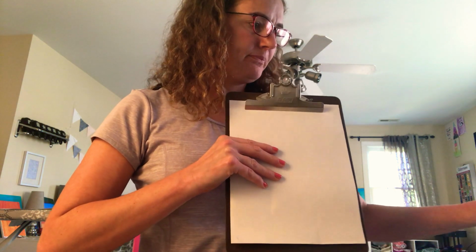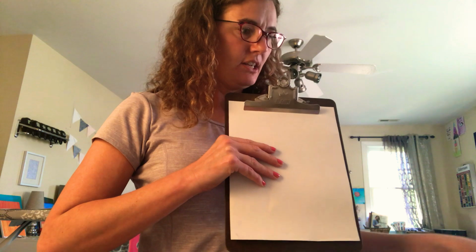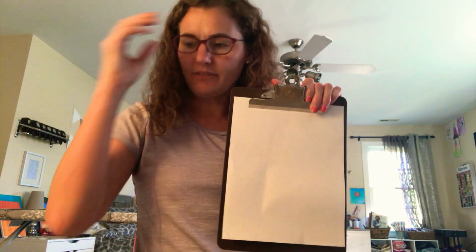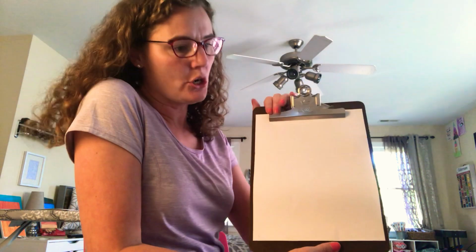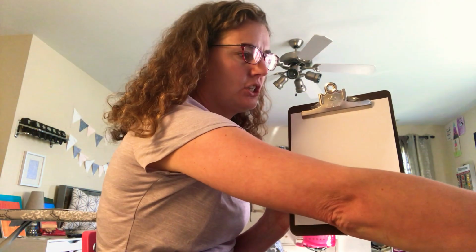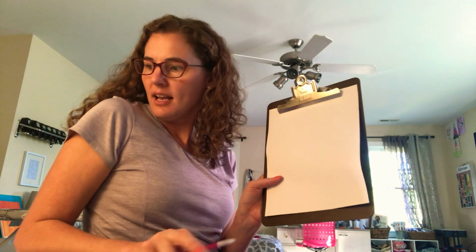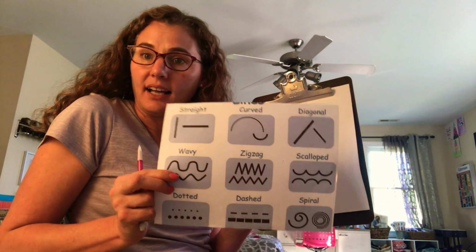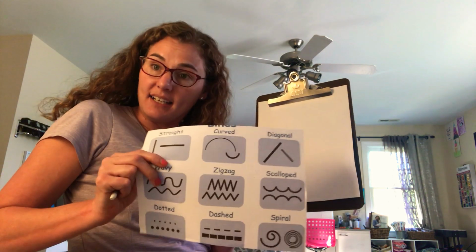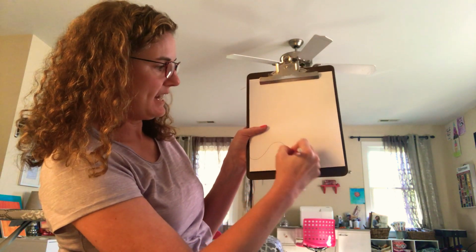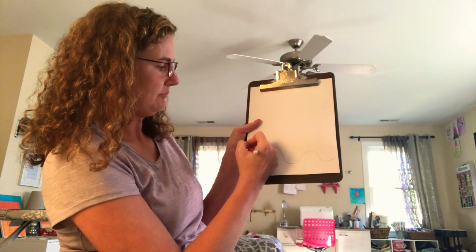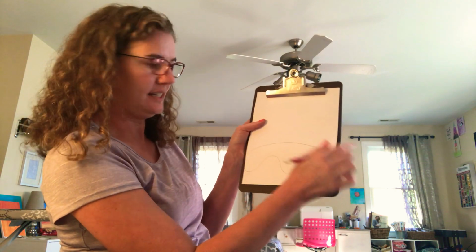The first thing I would like for you to do is we're going to make an ocean. I'm going to use my line ideas to create my ocean. So here, I'm going to do a wavy line. Let's do a curved line.